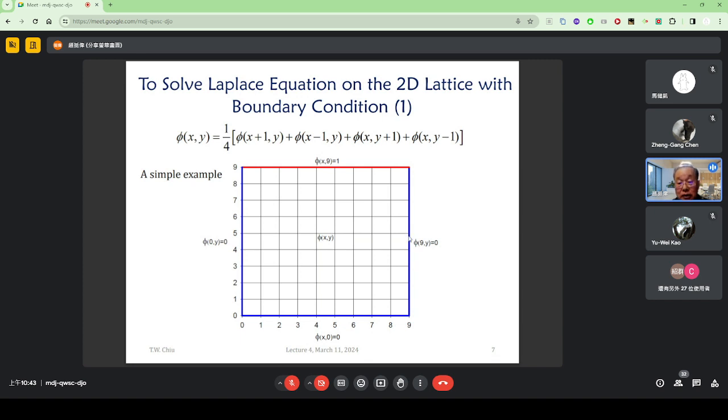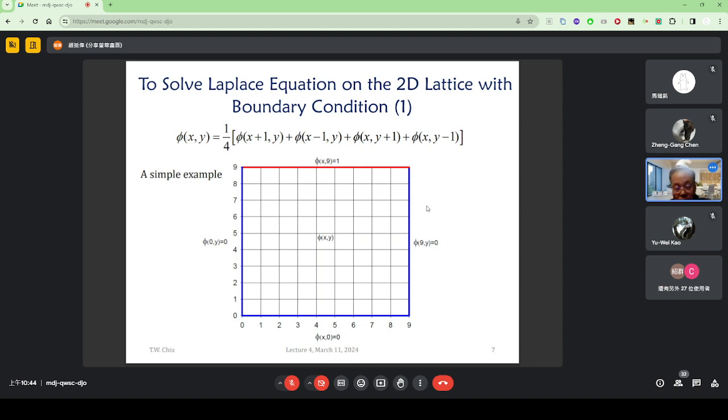For example, the temperature here may be particularly high, maybe 10, or 1, and the rest are 0. Any boundary condition you like, you can impose it. With such a boundary condition, the temperature on the boundary always satisfies this specified condition, fixed at all times.